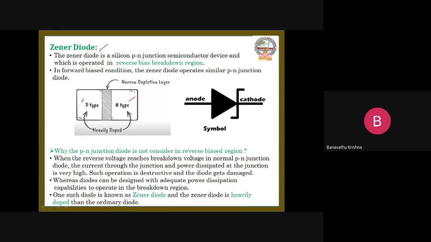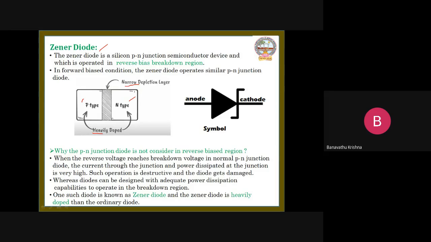Those two materials have the property of being heavily doped. Due to this heavily doped P-type and N-type layer, the depletion layer is very narrow, and there is a rupture of this higher concentration in between these P-type and N-type layers across the junction.